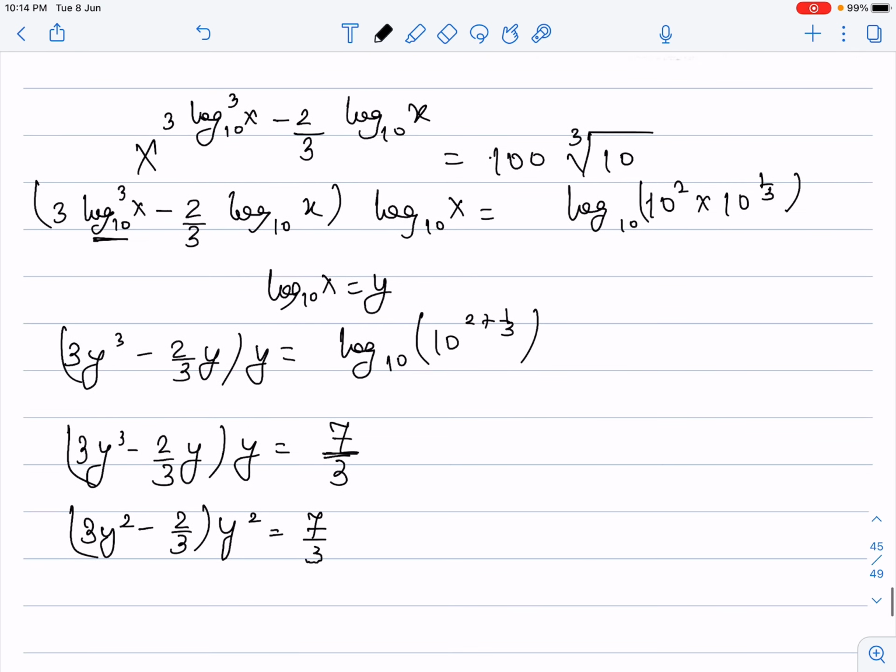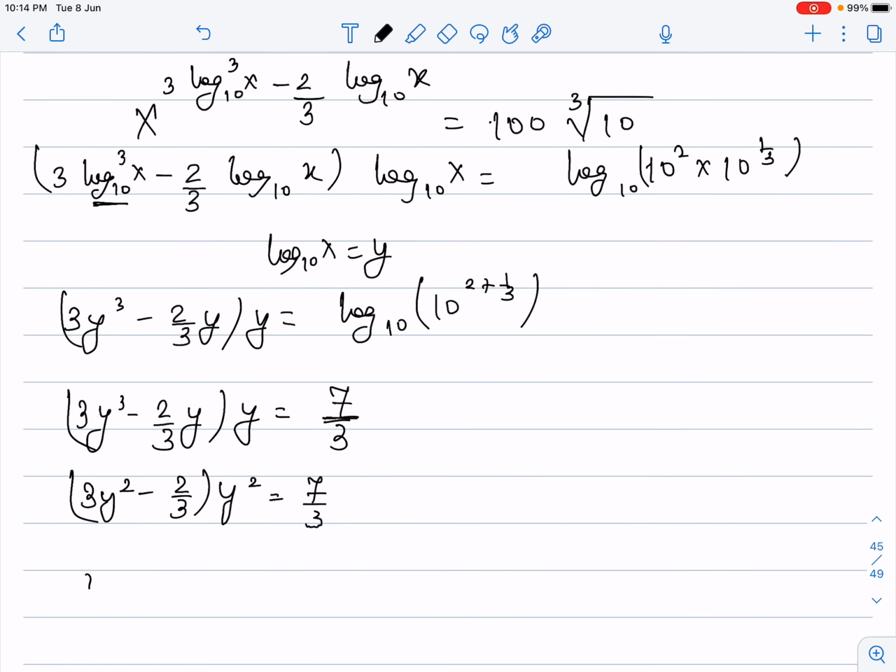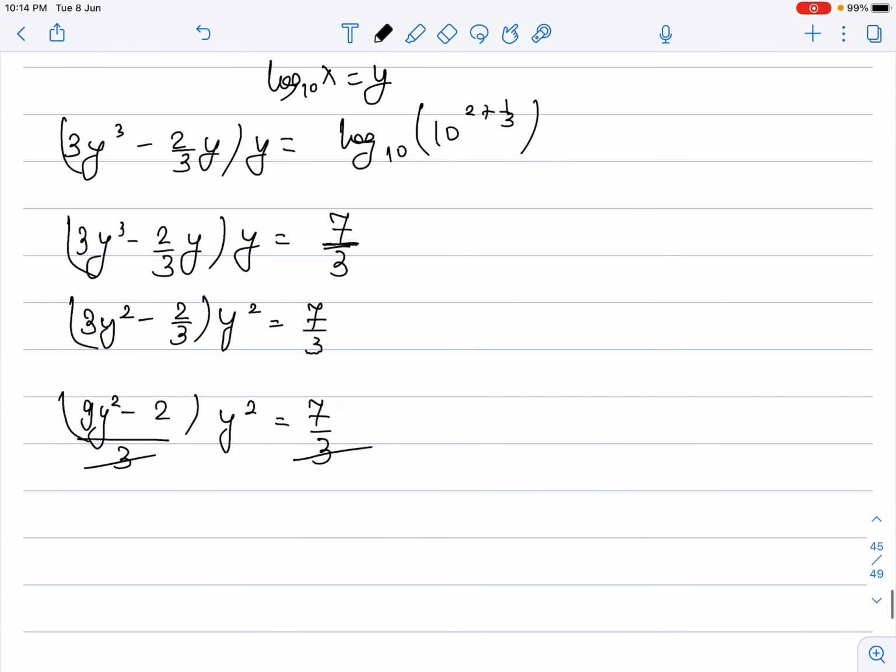Now y square, what can we see here? 9y square minus 2 by 3 multiplied by y square is equal to 7 by 3. So this 3 will get cancelled with the 3 over here.